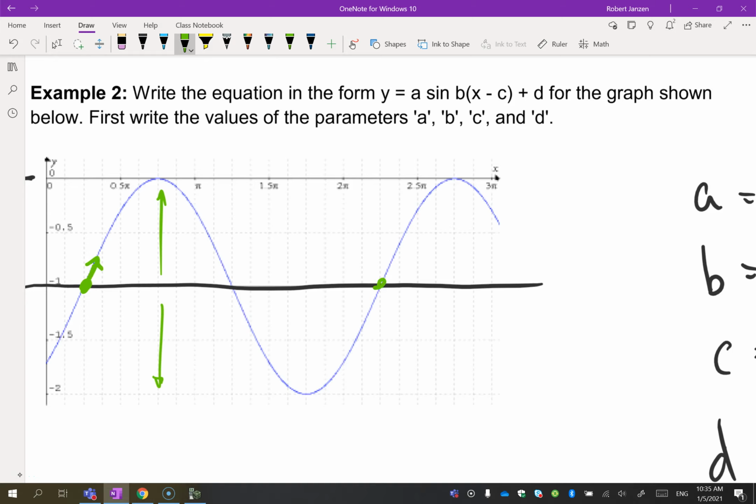If I go to where the graph is at the midline going up again, this tells me what the period is. How far is that? Well, it's from here to here. This is my period.